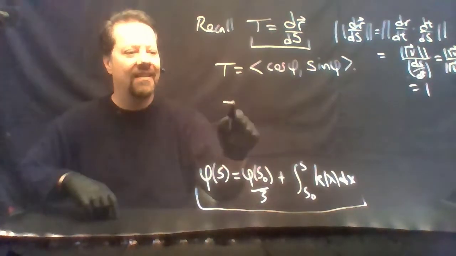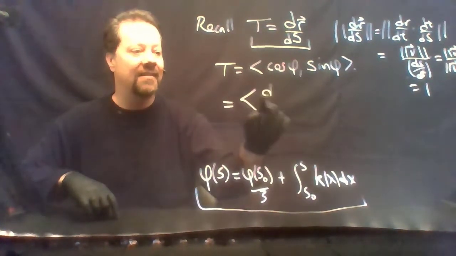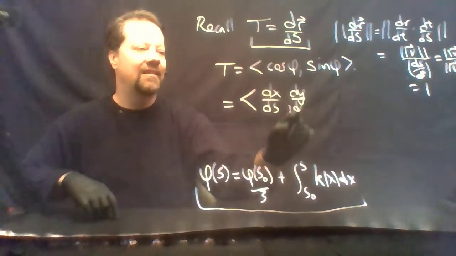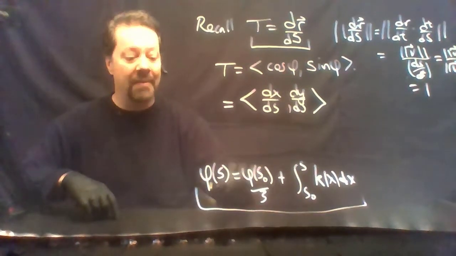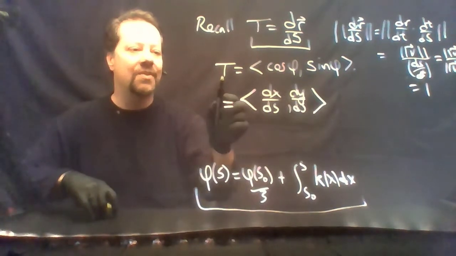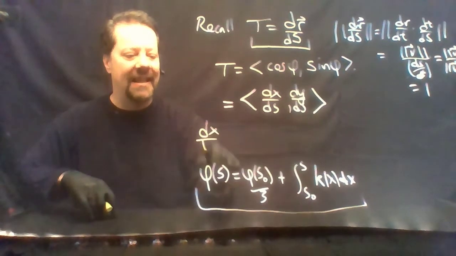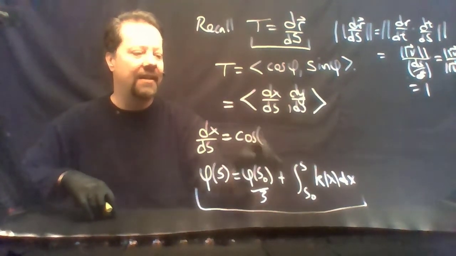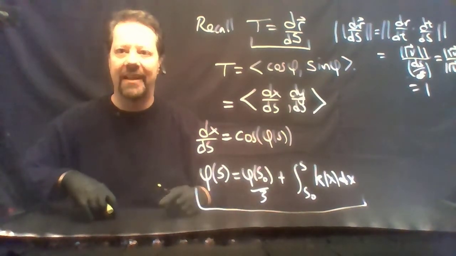Which means, since dr ds is dx ds, dy ds, and we are able to construct phi up to an angle of rotation, we can construct this unit vector. That means dx ds is known as the cosine of phi of s, where we are able to construct this phi of s.